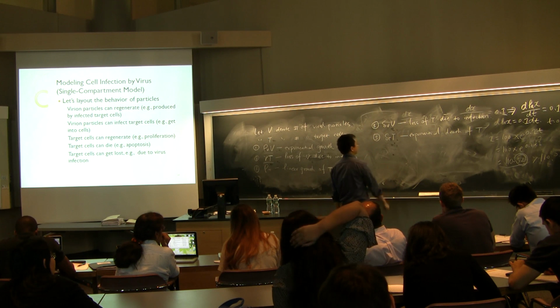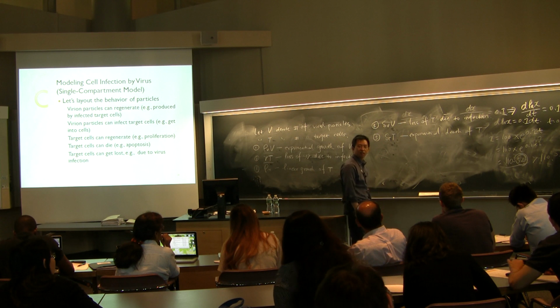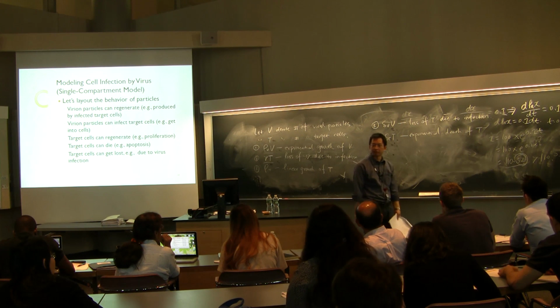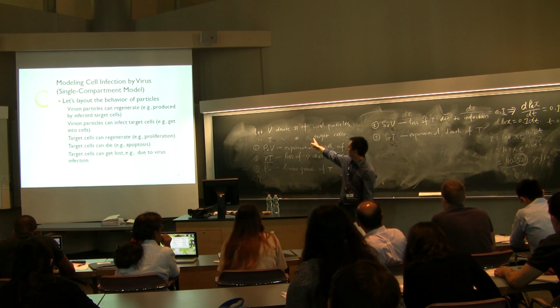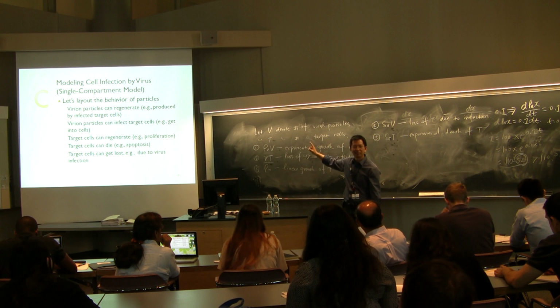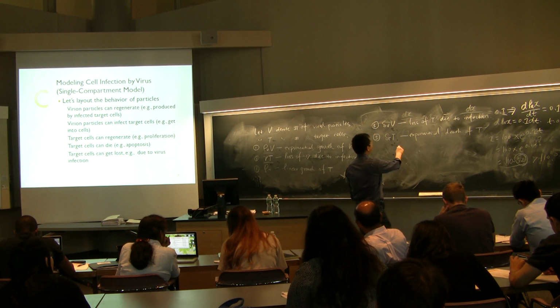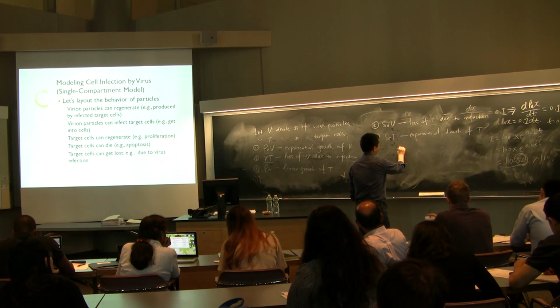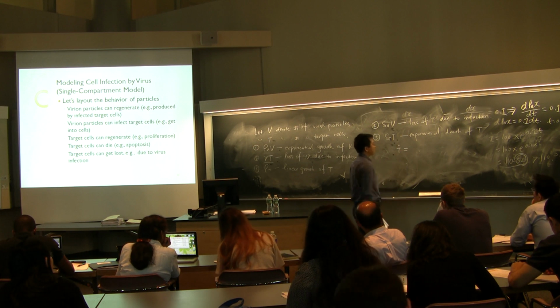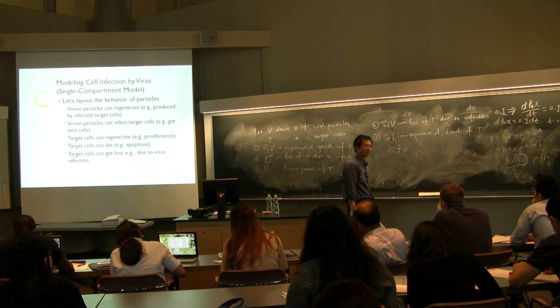Now let's put them together. This is like a factory: you have step 1, step 2, step 3, then you just put them together. On the right-hand side is the change per unit time.